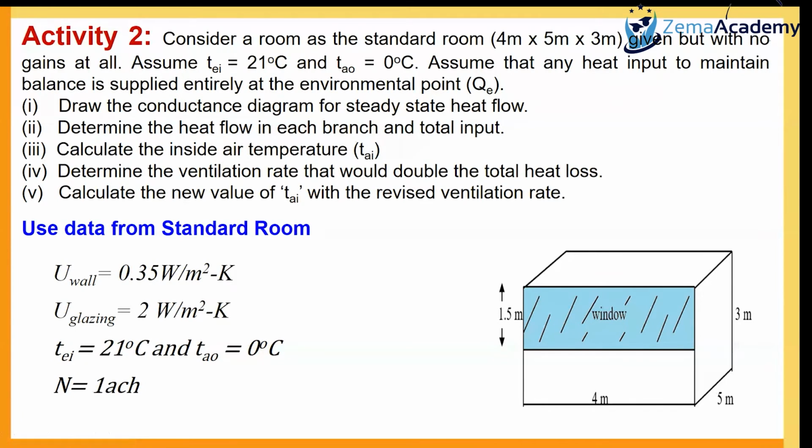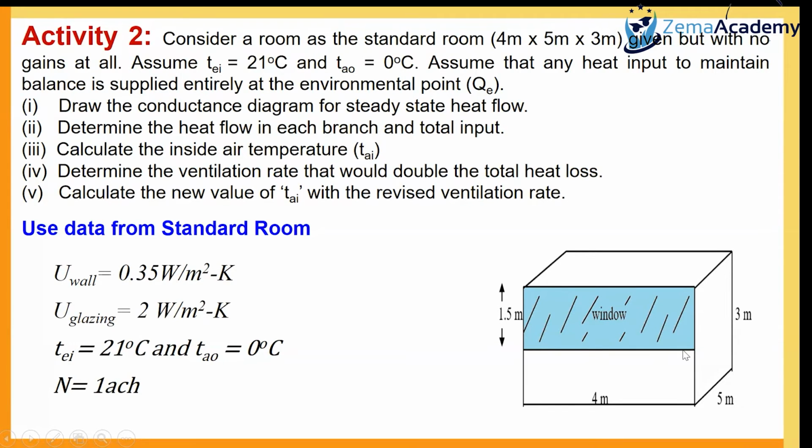So let's do this activity, that is activity 2, where we are considering this standard room. The dimensions are given, but with no gains at all. So what I am saying is that this room has no other gains.